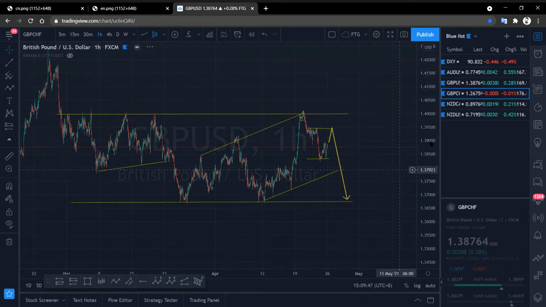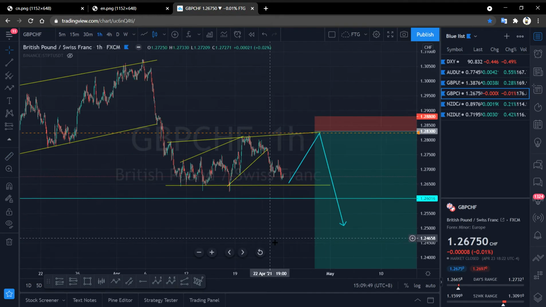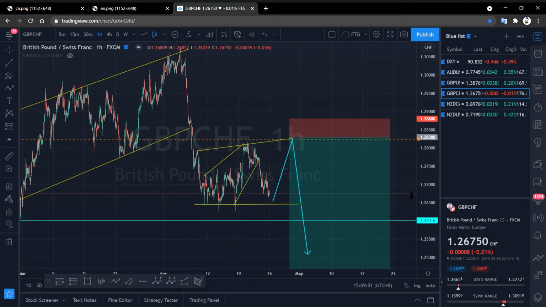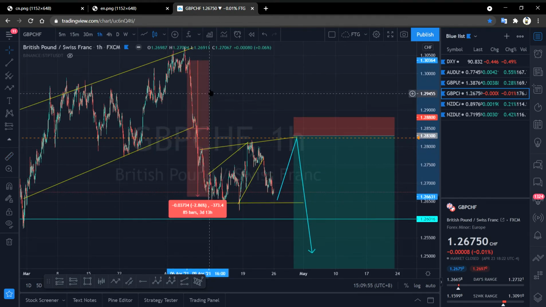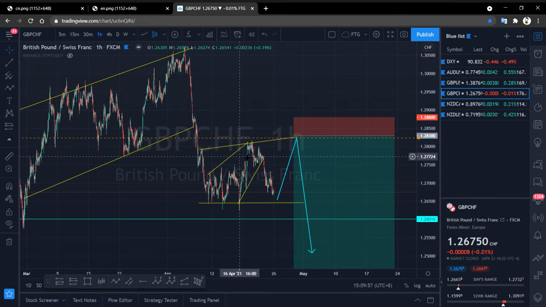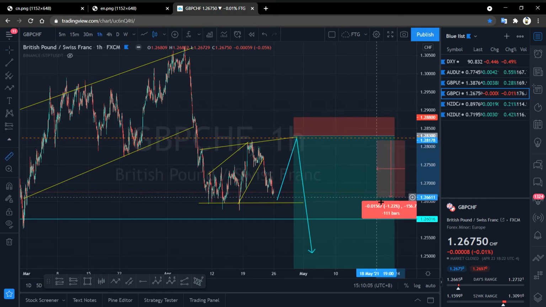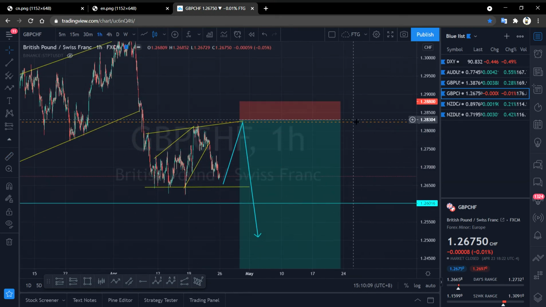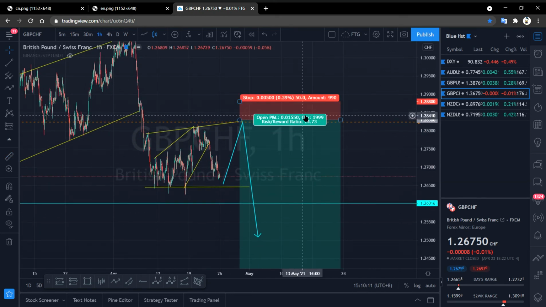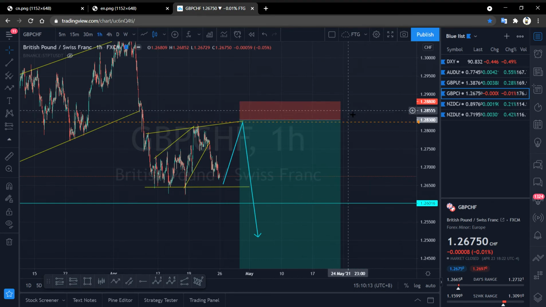Next, let's look at the pound against the Swiss franc. After a wave of decline in early April, they were all hovering and oscillating last week. So we can wait for the price to pull back to 1.2830, and then we enter the market. As for the stop loss point, we can put 50 to 60 pips above it.